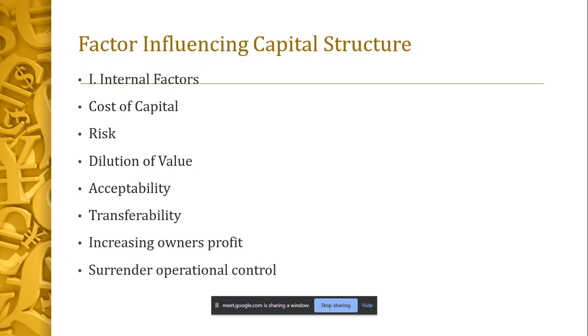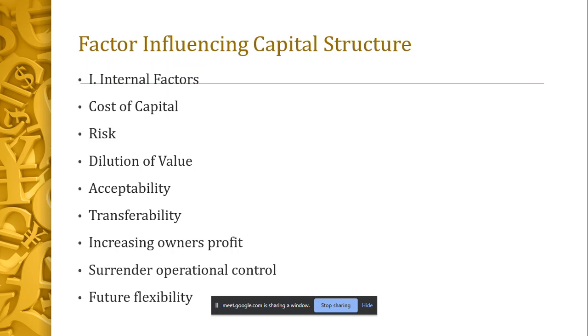If you want me to repeat it once again, equity stocks result in an increase of operational control in an enterprise.